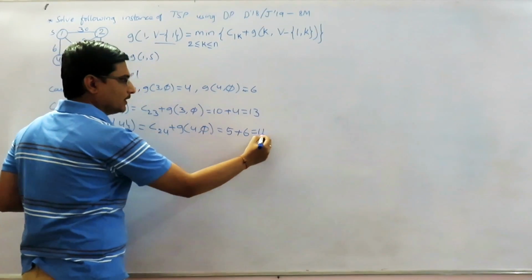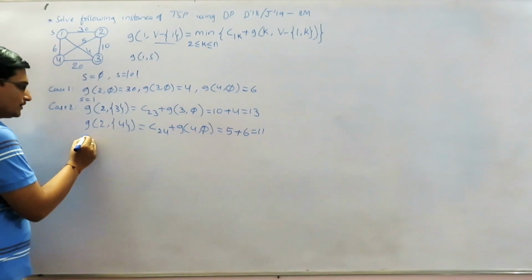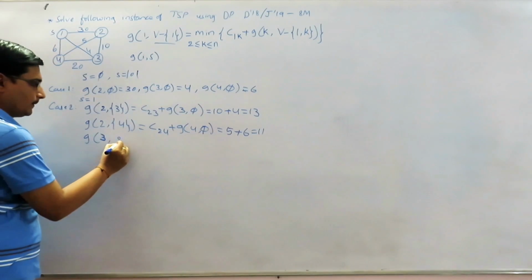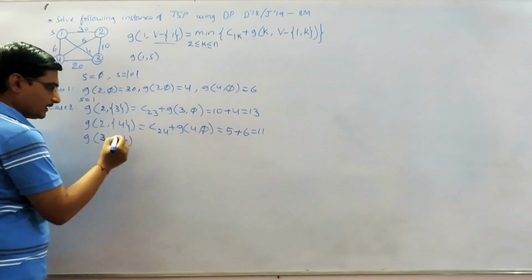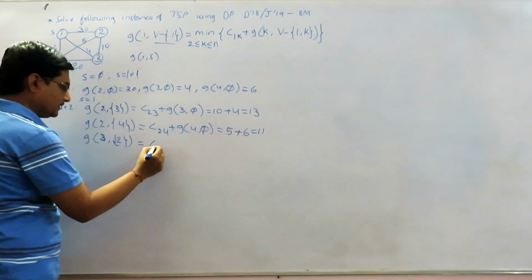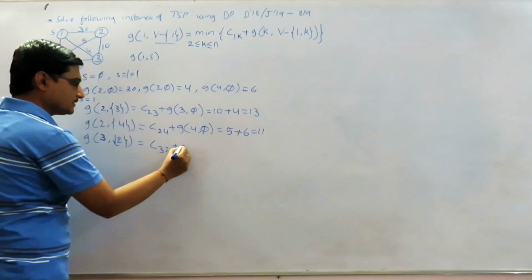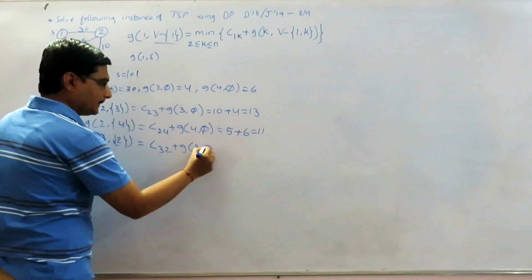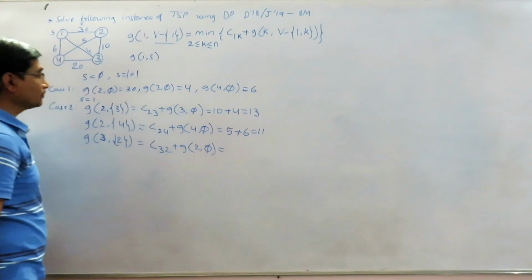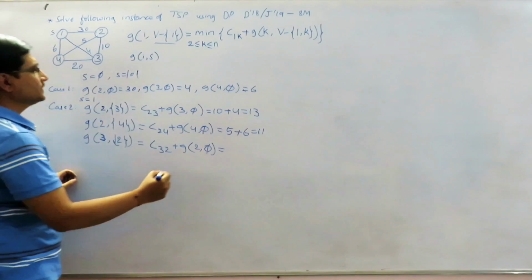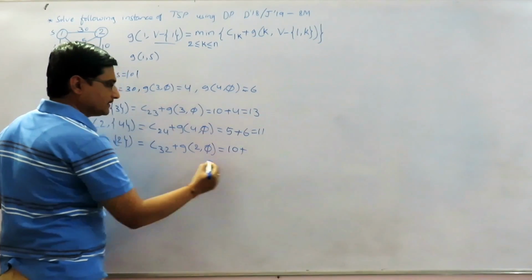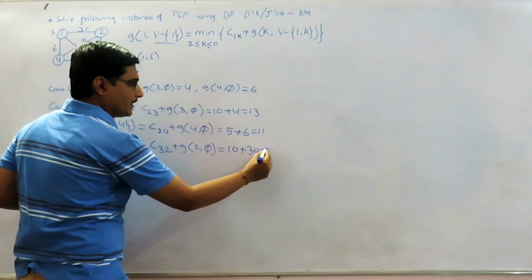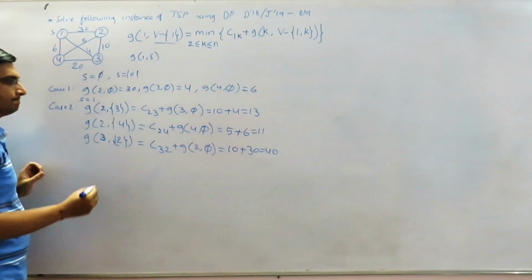So this is equal to 11. Next we should start from vertex 3. So 3 to 2: C32 plus G of 2 comma phi. 3 to 2 is 10 plus G of 2 is 30. So we are going to get 40.